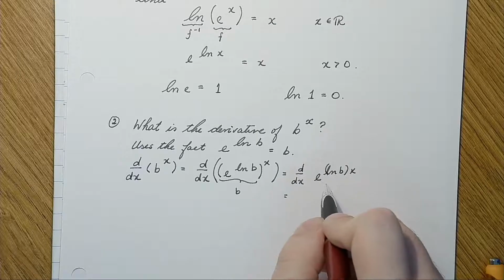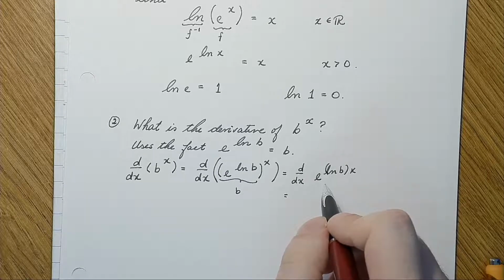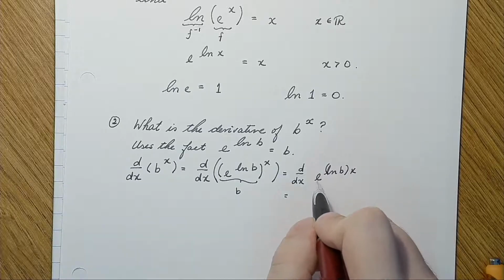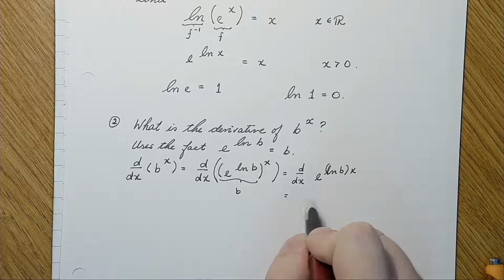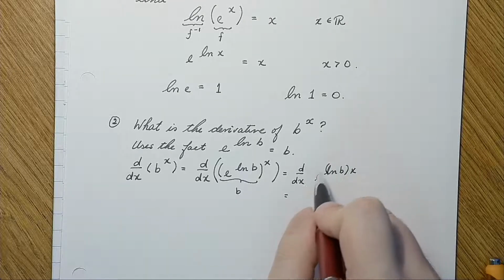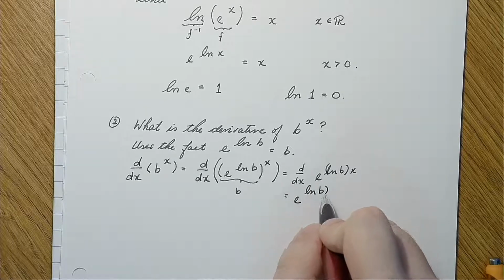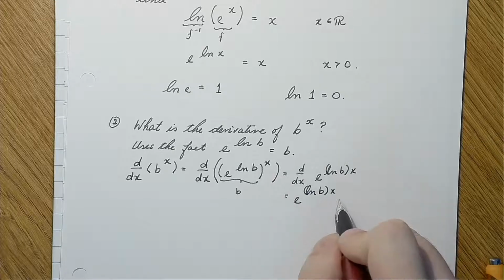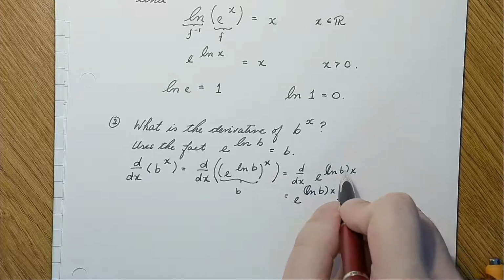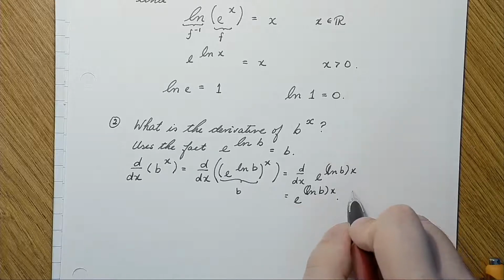And now I apply my chain rule, because again, we're using e now. This is the reason. So I take the derivative of the outside function, which is just e to the ln b times x. And then I take the derivative of the inside function, the exponent there.